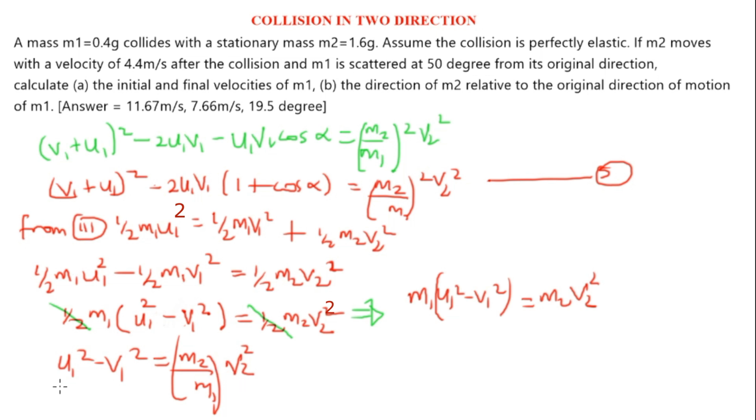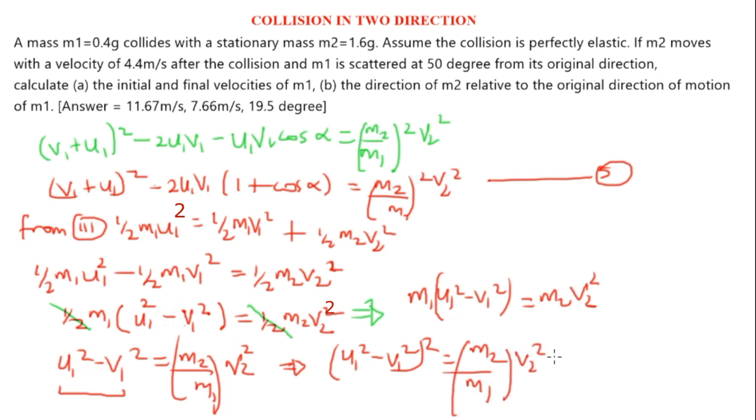It looks like we may not be able to simplify further because of u1 squared minus v1 squared, but there is a way out, because we need to break it down. If I square both sides, I will have (u1 squared minus v1 squared) squared, and that will be equal to (m2 over m1, then v2 squared) all squared.